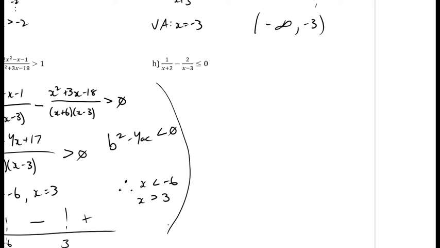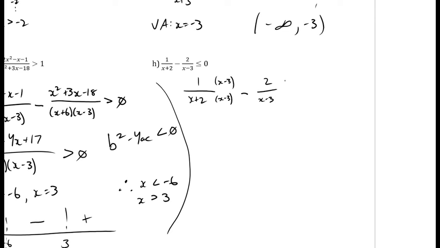And the last one, I've got two denominators. A little bit more work here. So I'm going to get a common denominator between these two. So the first one, if I'm going to show my work here, x plus 2, I'm going to multiply it by x minus 3 over x minus 3, and then subtract 2 over x minus 3.